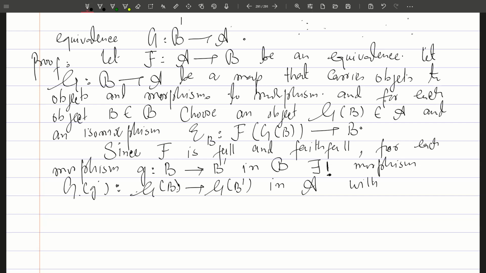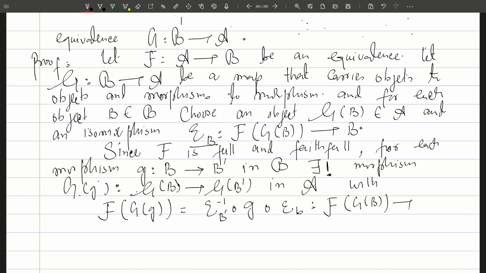If we look at F of Gg, since epsilon B is an isomorphism, we get epsilon B prime inverse composite with g composite with epsilon B. So this is actually a morphism between the object F of G of B to F of G of B prime.